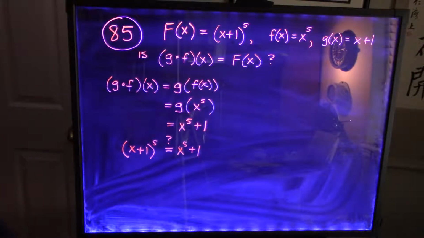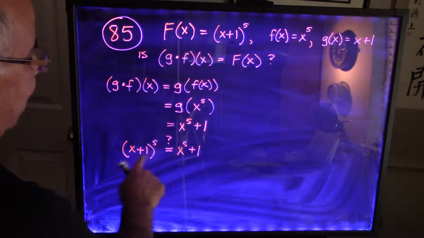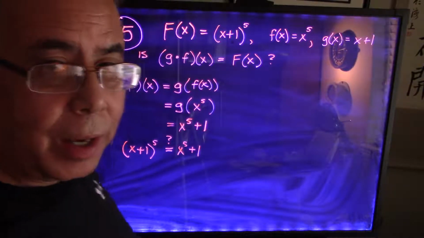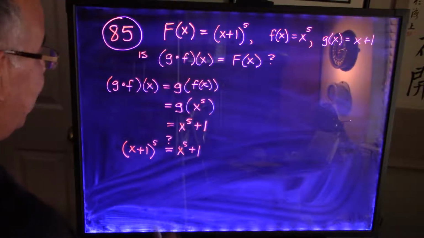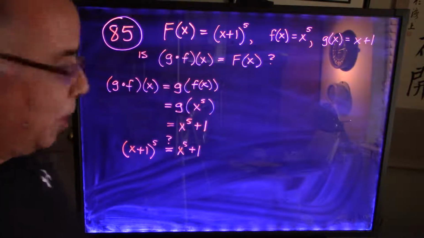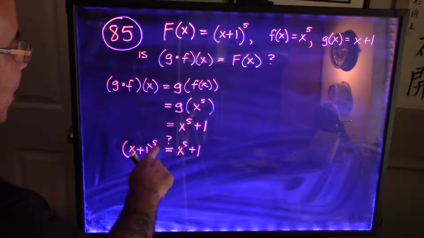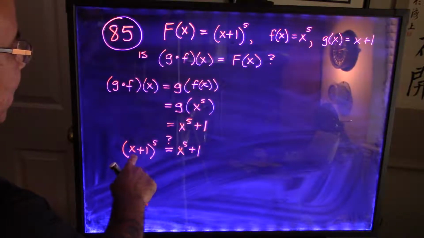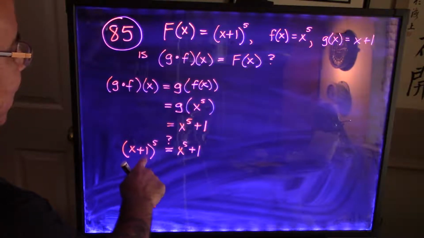No. If this were squared, you'd know what that is, right? You know it's not x squared plus 1 squared. Yeah, even if it's a fifth power, it's not equal to this, right? You can't distribute that power in here, right?